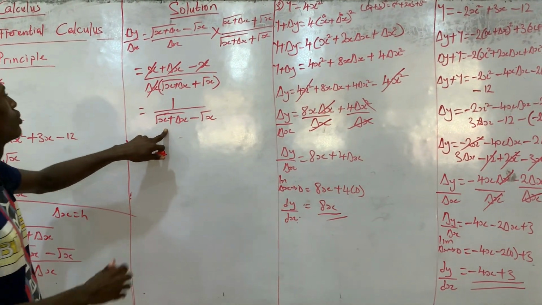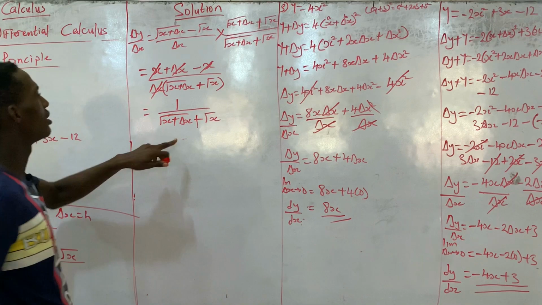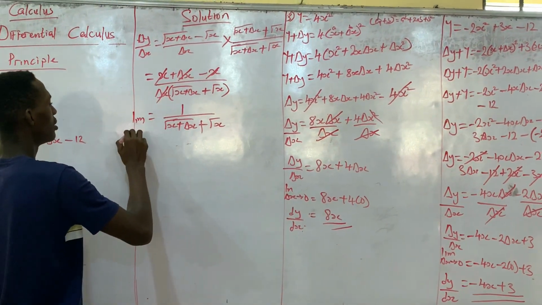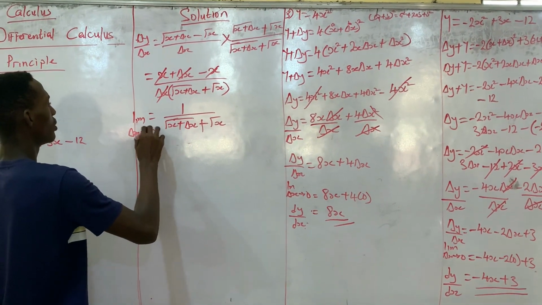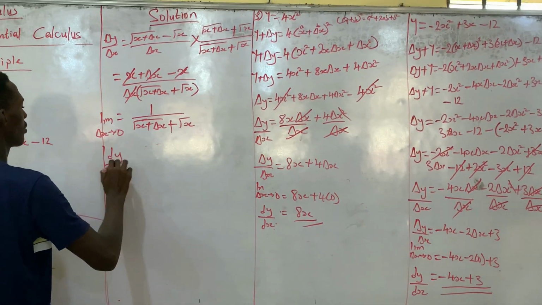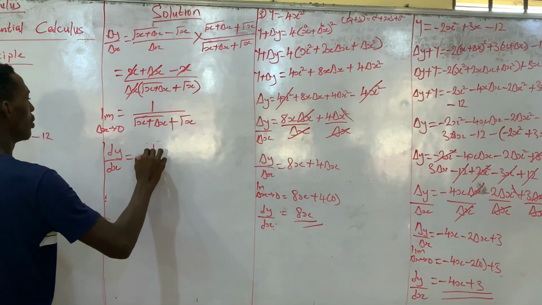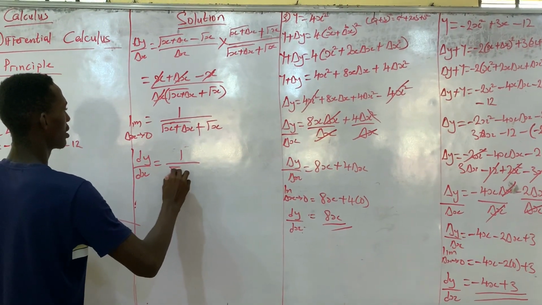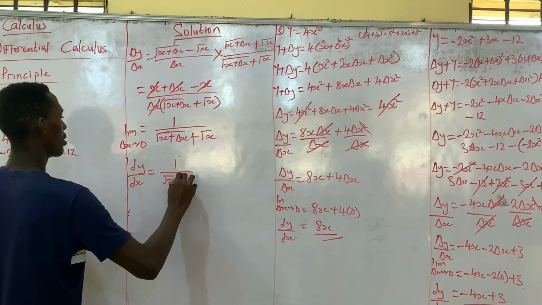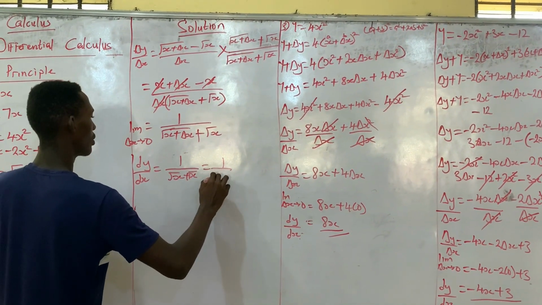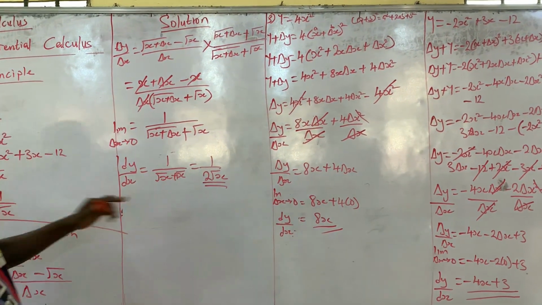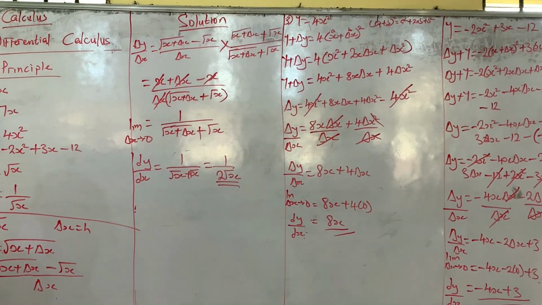In order to do that, we will limit change in x to 0. Therefore, dy over dx is equal to 1 over root x plus root x, which is 1 over 2 root x. This is our dy over dx.